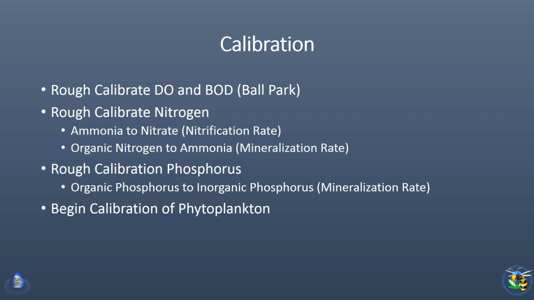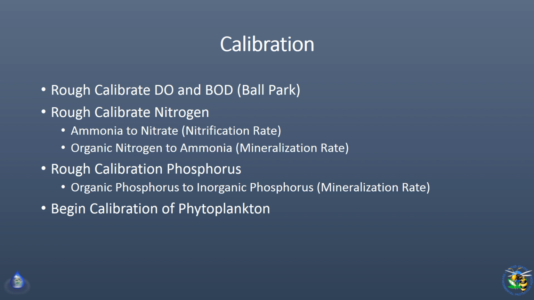The first thing I do is a rough calibration between dissolved oxygen and BOD, and that basically means make sure that the DO-BOD curves are representing where the data is. Maybe not so much in value, but in shape and seasonality.